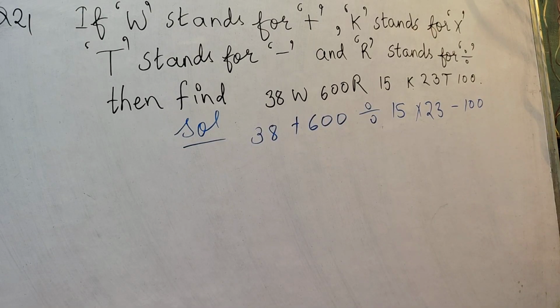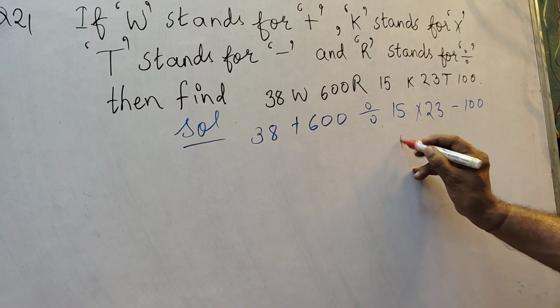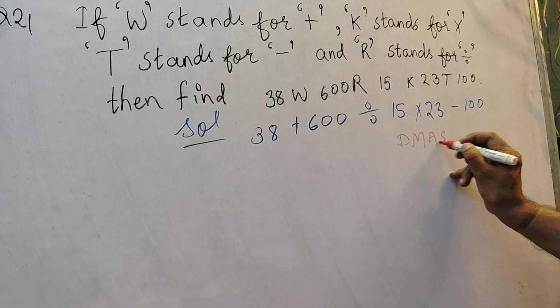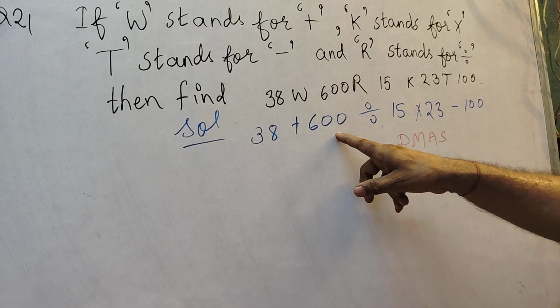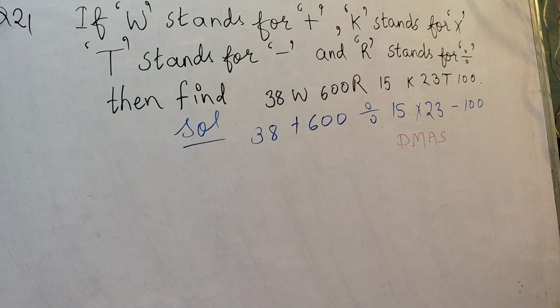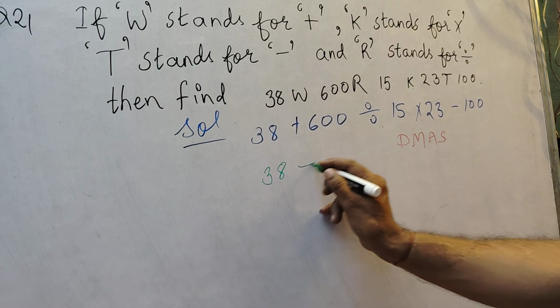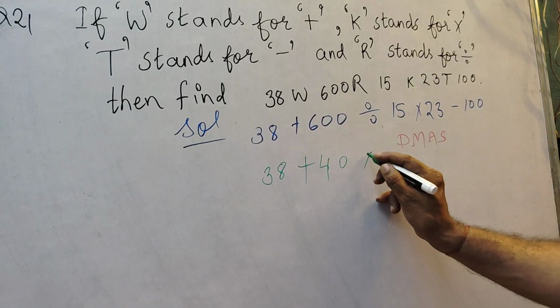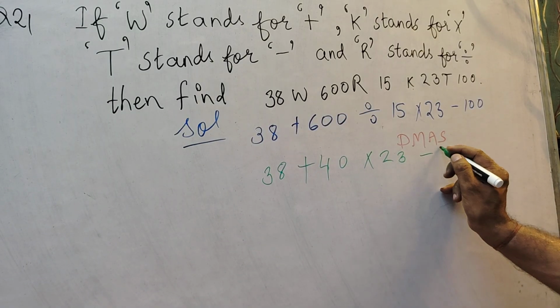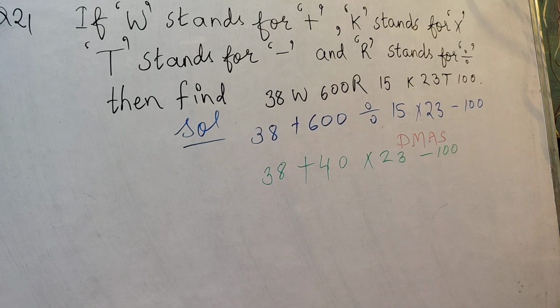Subtraction, okay, 100. Now after replacing, which operator do we solve first according to DMAS? Divide first, yes. So 600 divided by 15, what do we get? Result? 40. So we replace with 40. Now the rest of the terms we write as they are. Now next step, what do we solve?